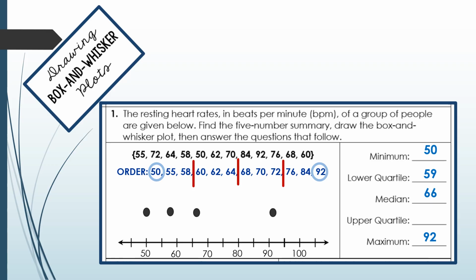It's between 72 and 76, which gives us 74. Put a point for that. We are going to do our whiskers on the outsides, put a line through our median, and then a box around Q1 to Q3.